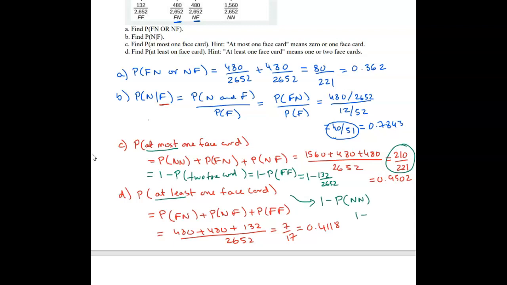So this is 1 minus 1560 divided by 2652. So 2652 minus 1560 divided by 2652. This is 7 over 17, which is the same as we got here. Right? So sometimes it's better to work with the complements because it cuts down on the number of calculations.